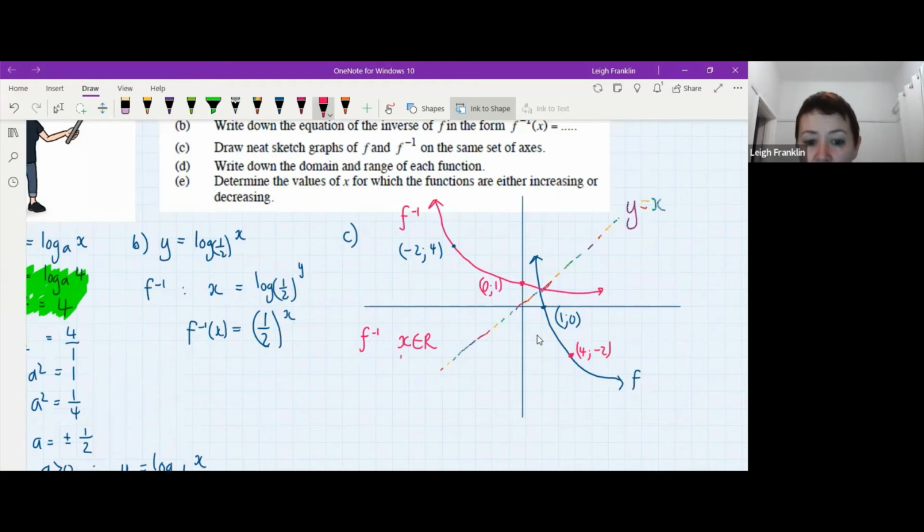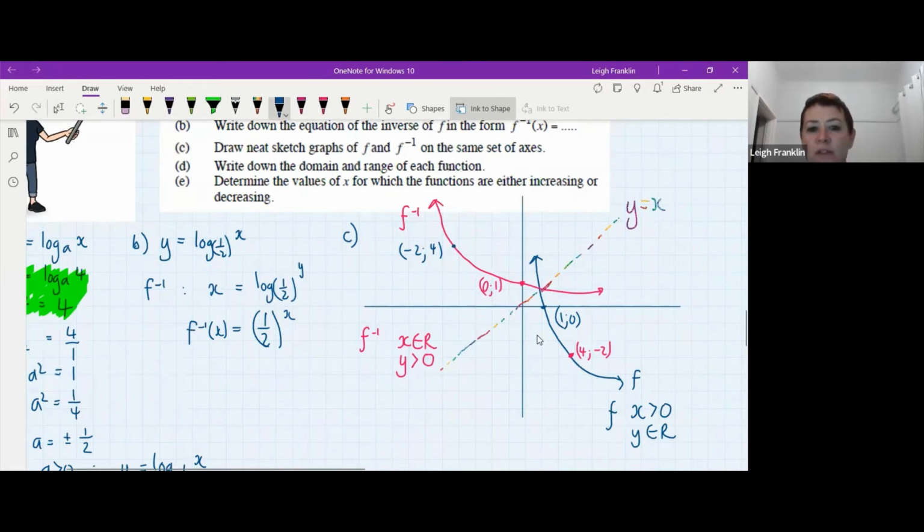What is its range? y is greater than 0. Here, this now swaps round with your log function. So our domain is going to be x is greater than 0 and y is an element of the real numbers. Is everybody happy with that?